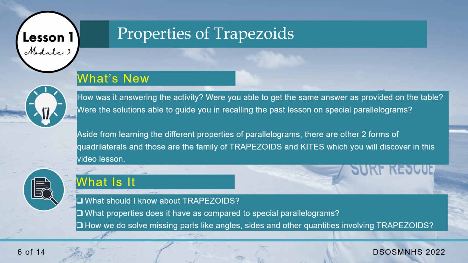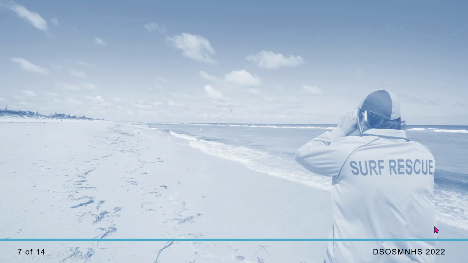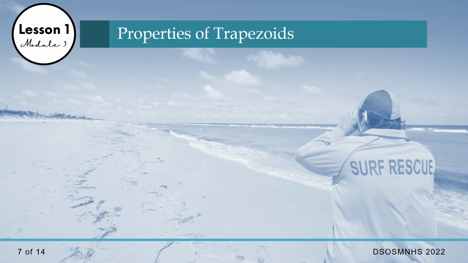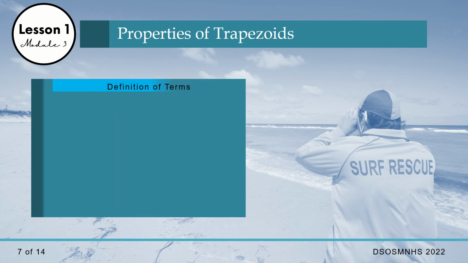What properties does it have as compared to special parallelograms? Okay, there are 3 kinds of special parallelograms we know: rectangle, square, and rhombus. How do we solve missing parts like angles, sides, and other quantities involving trapezoids? So muna yung mga question nga itong tubagon as we go along with our discussion on trapezoids, properties of trapezoids.